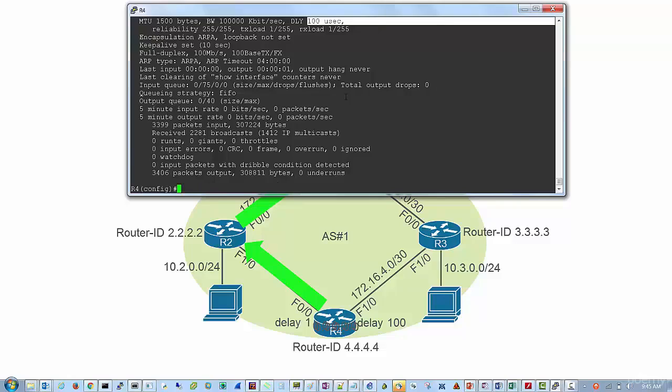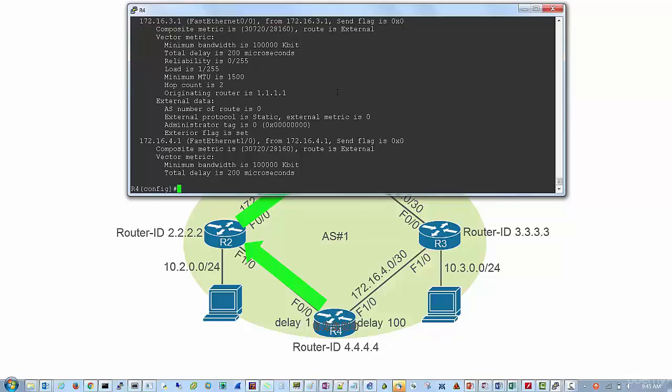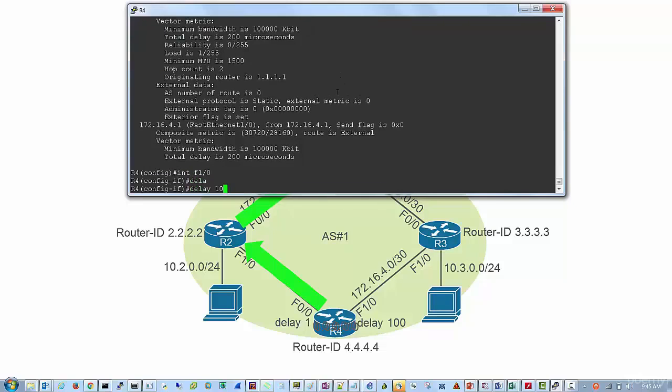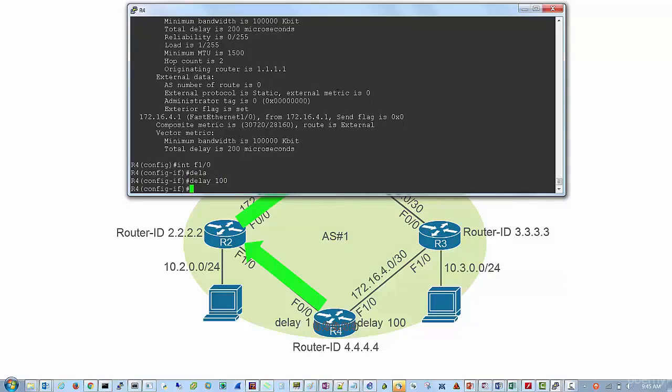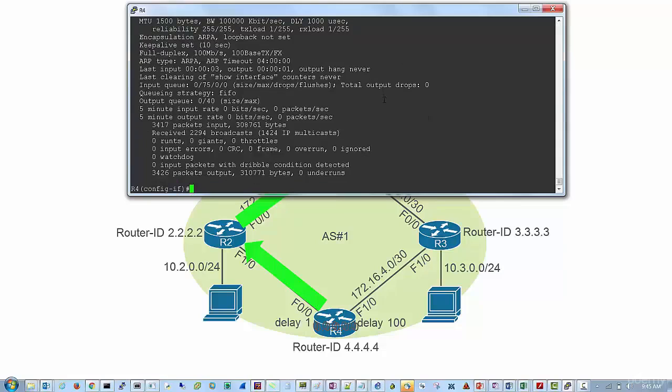Actually, before I do that, just so we can see what the composite metric is right now for that route, we can see that the total delay is 200 microseconds currently via both paths. Okay, so let's go to interface F10, and I'm going to simply say delay of 100. And now we have 1000 here.